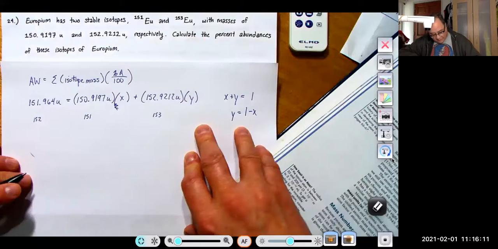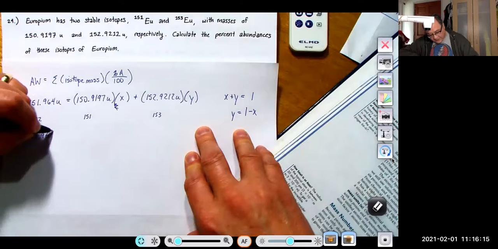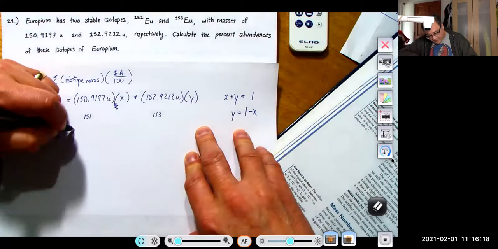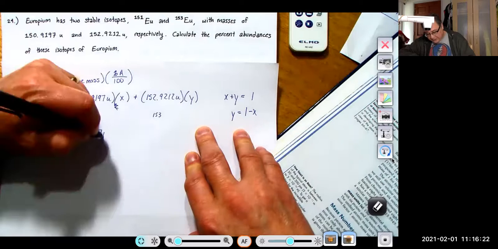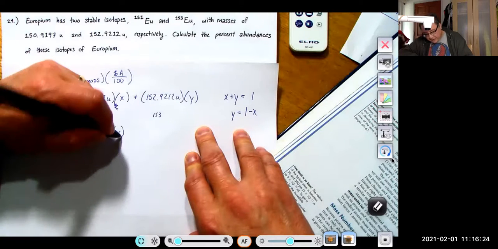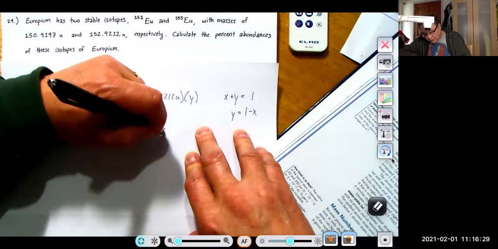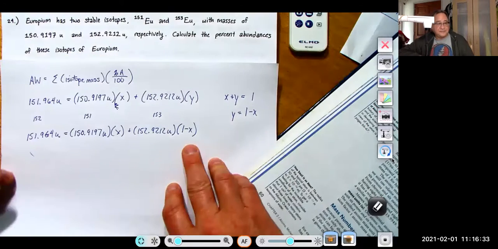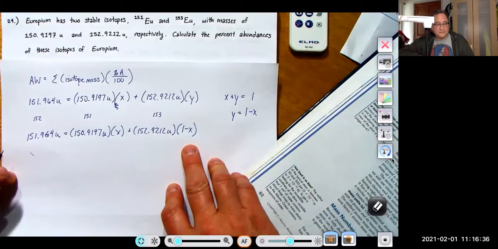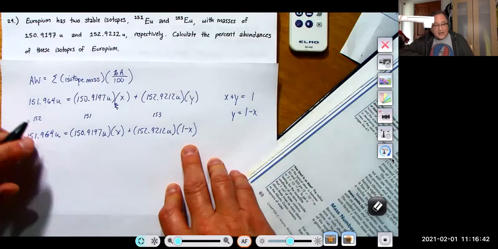And then now we have 151.964 U is equal to 150.9197 U times X plus 152.9212 U times 1 minus X. And you solve for X. Now, from here on out, it's just algebra.